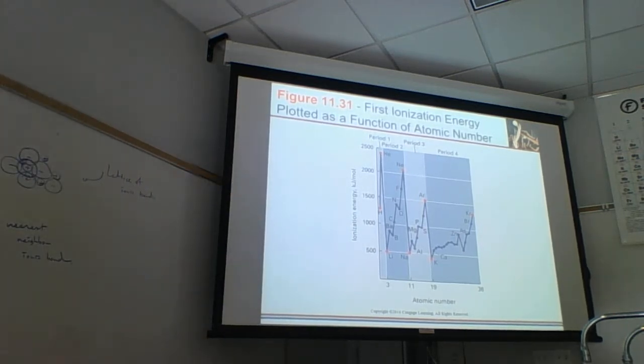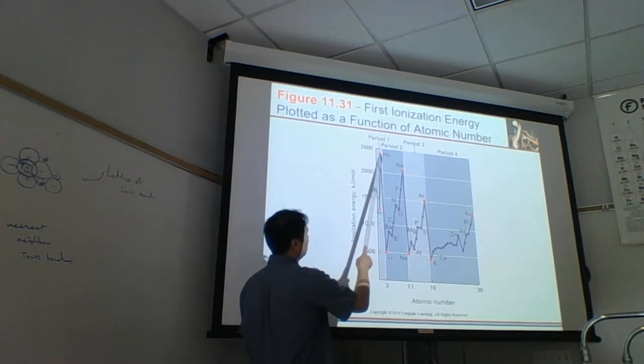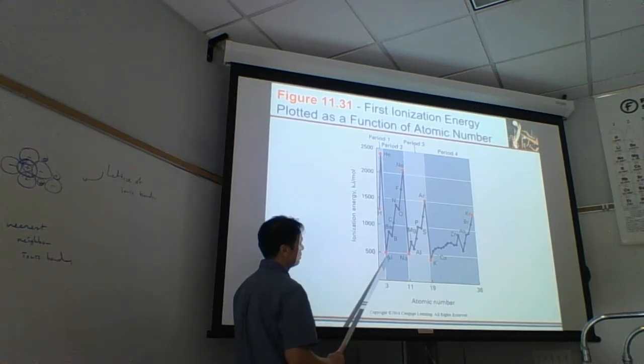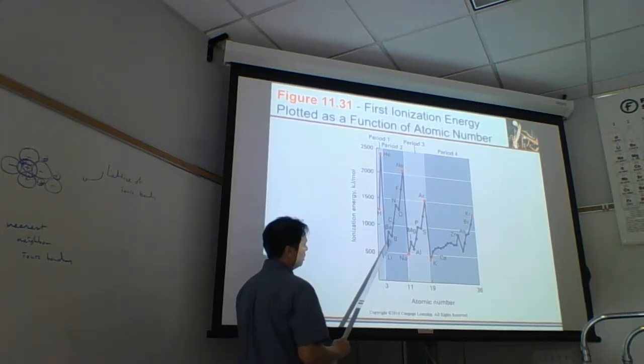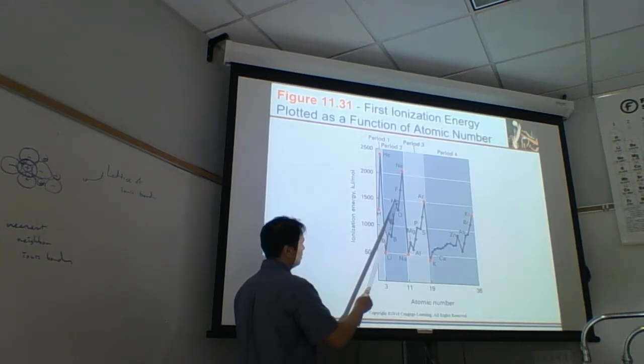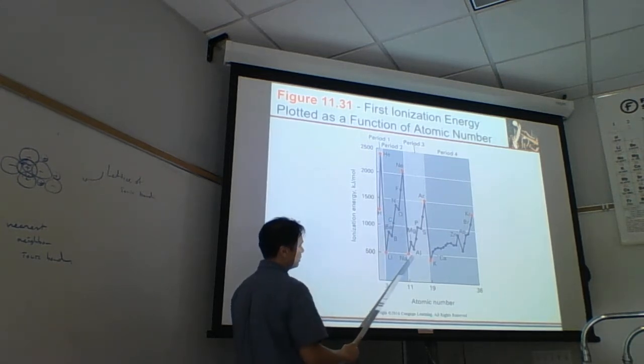This is how we explain the ionization energy chart: helium's smaller, therefore higher ionization energy. Add a shell, and the atoms get smaller and smaller as we go across because the number of protons increases. We're in the same shell until we hit max. Then we add another shell and it grows bigger.